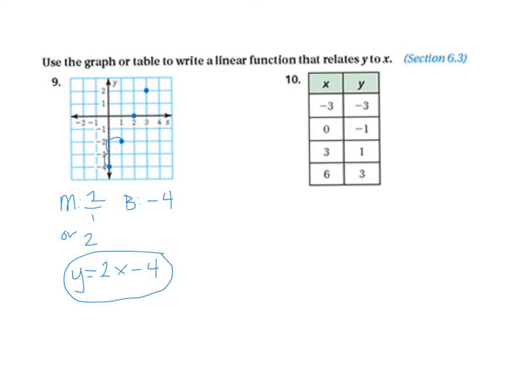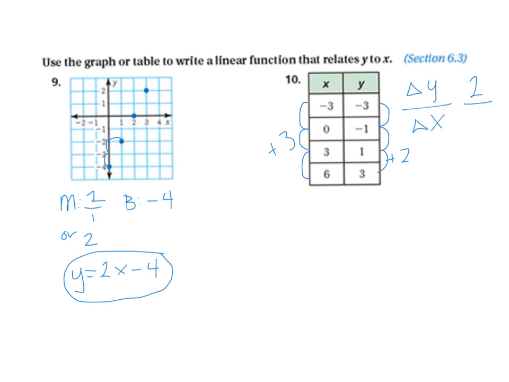Number 10, we have to figure out what the slope is. So to find the slope, remember it's change in y over change in x. And so if I look at my y, negative 3 to negative 1 is a positive 2. So each time my change in y is positive 2, my x is going up by 3.